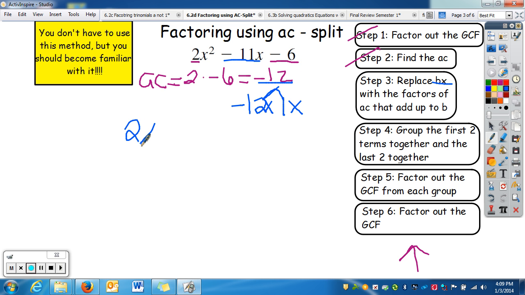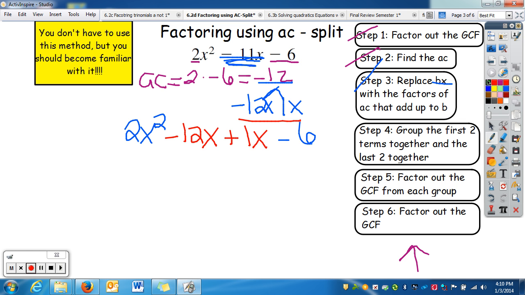So I have 2x squared. Now I'm going to replace BX with what I got here, so negative 12x plus 1x, and then minus 6. So notice all I changed was the middle. I didn't change the first, and I did not change the last term. Alright, so that's step 3.